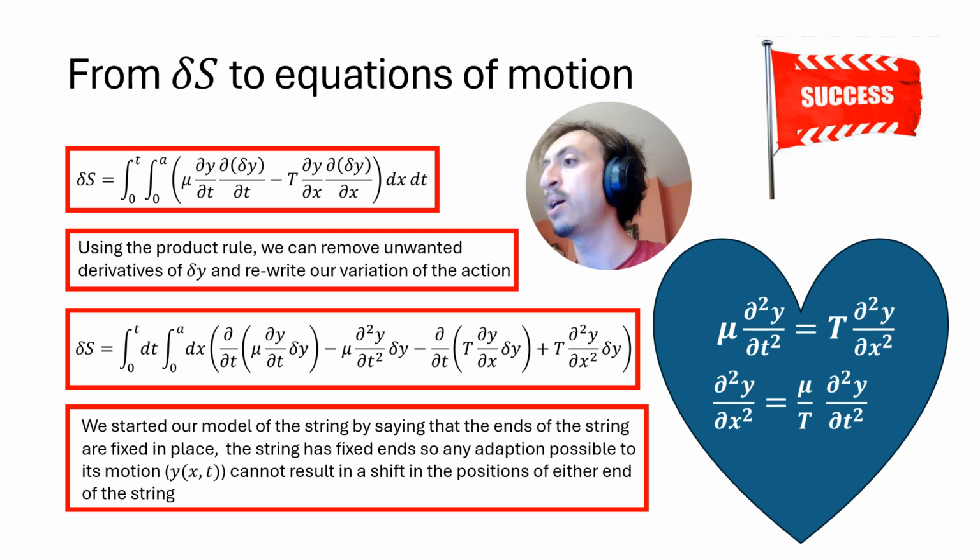They tell us that any valid solution to the motion of the string, that is any valid function y of x and t, which satisfies these two partial derivative equations and therefore will, by virtue of that, minimize the action S, is a solution where the second derivative of y with respect to x is some constant times the second derivative of y with respect to t.